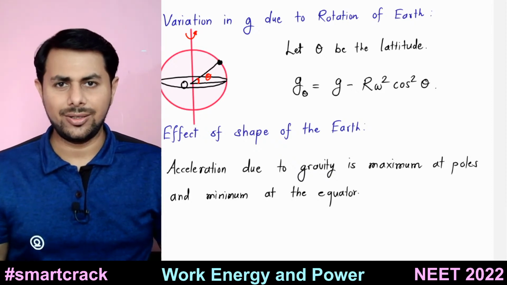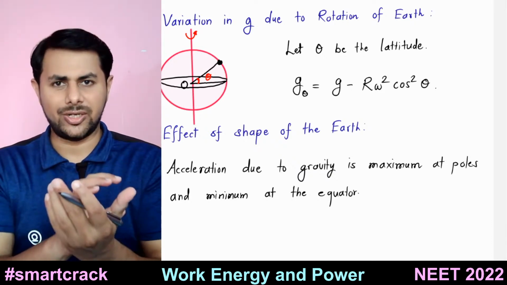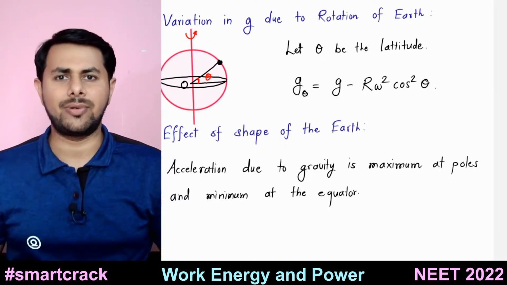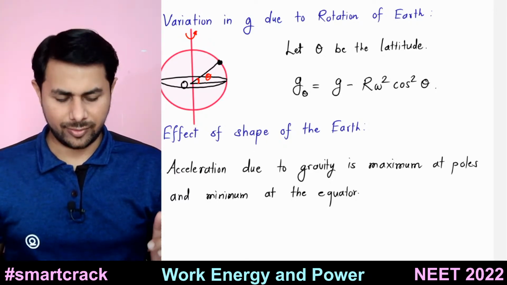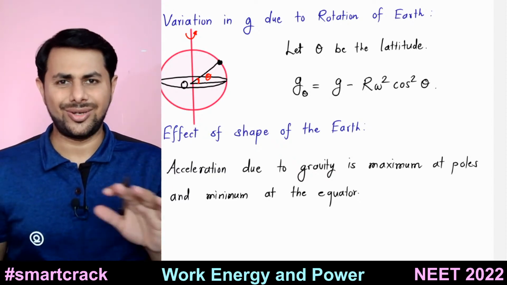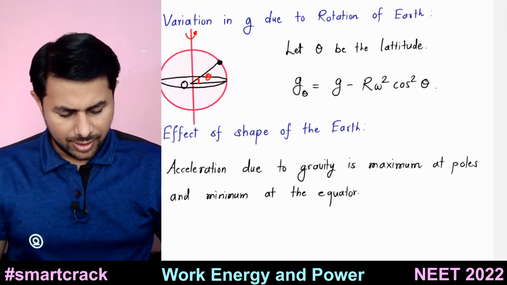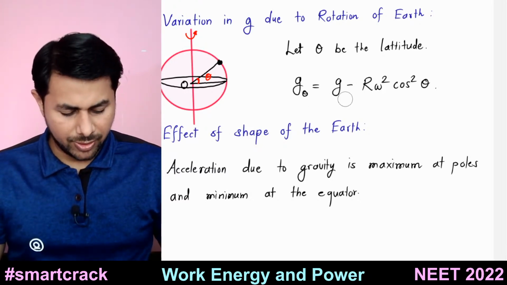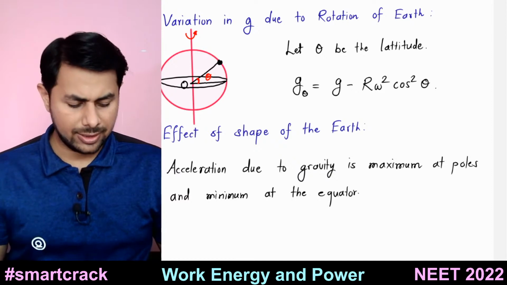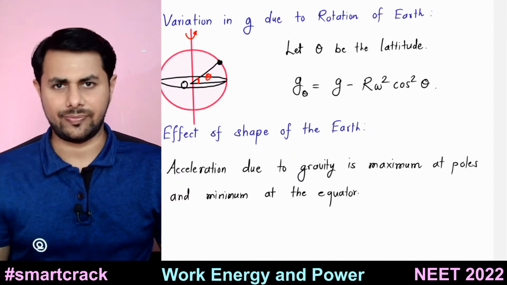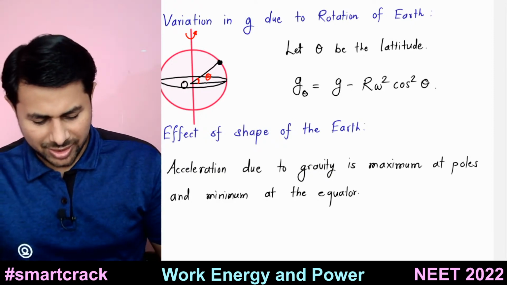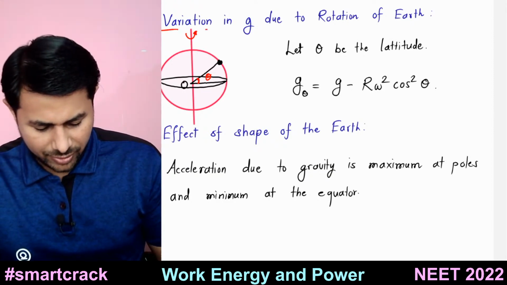What is omega? It is the rotational speed of Earth, the angular velocity with which Earth rotates about an axis passing through the north and south poles. We have to memorize it, and we are not going to derive anything over here.